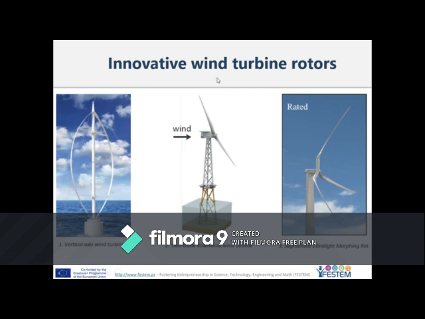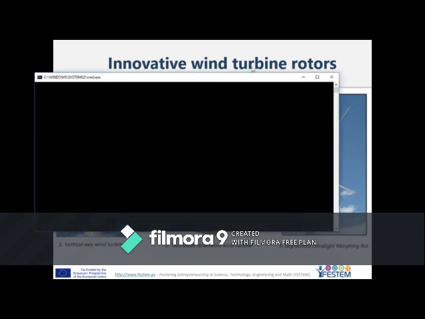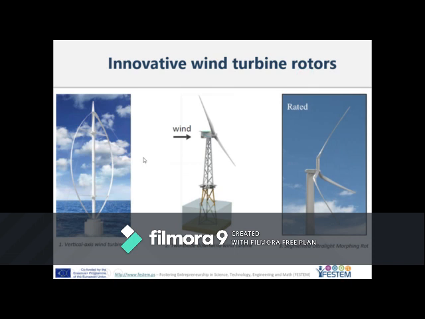There are innovative wind turbine rotors. This is what we call a vertical axis wind turbine, where all the power electronics and the rotors are down here, and this is easy to maintain and repair. This is what we call a two-blade downwind turbine, and this can easily face the wind and track the wind.